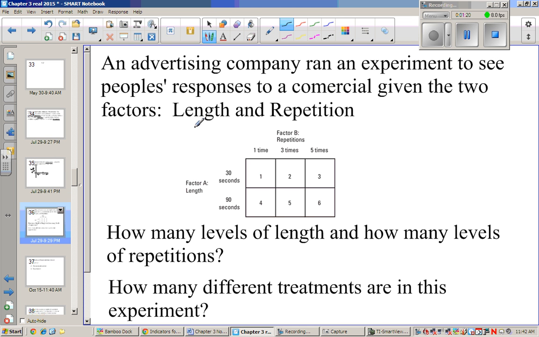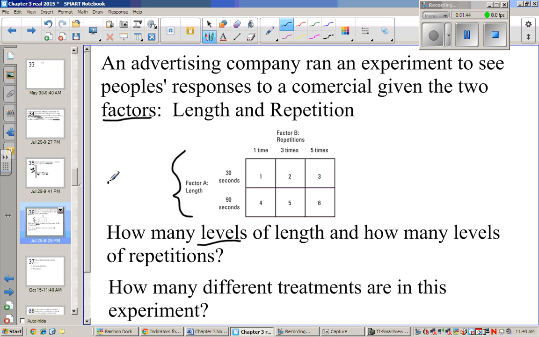Now, an advertising company ran an experiment to see people's responses to a commercial given two factors, length and repetition. So this is a word that we hear, factors. They're two different things that they're modifying in an experiment. Now, there's another word here, levels. How many levels of length? Well, they have the 30-second video or the 90-second video.